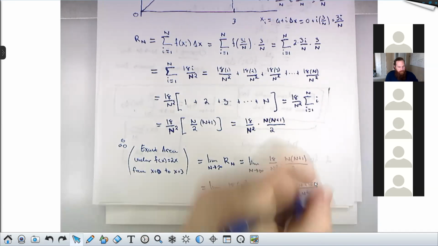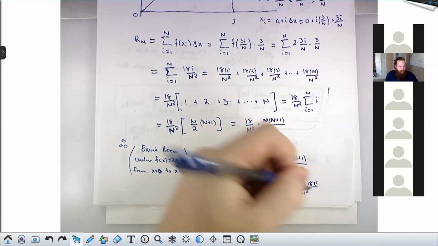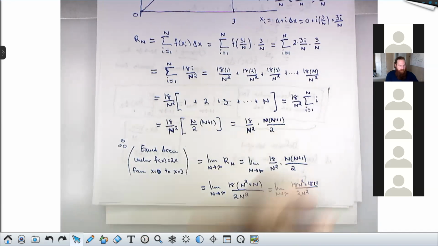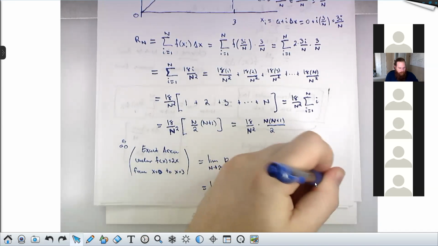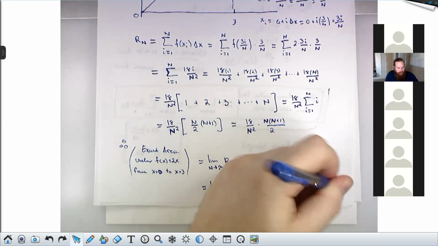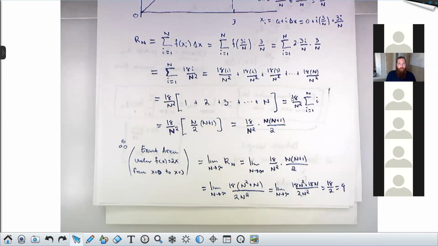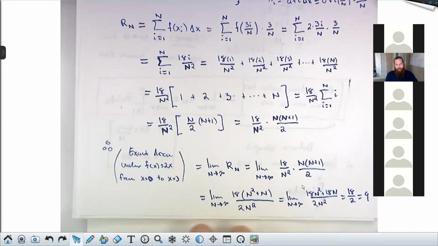And we've seen limits like this back in section 2.6. This is going to be 18 over 2, or 9, which is what we found earlier using just geometry. Right? So if you were to divide top and bottom in this expression by n squared, that's how we did it back in section 2.6.